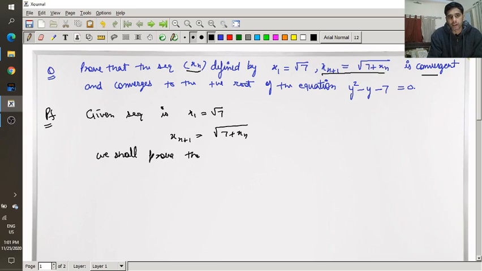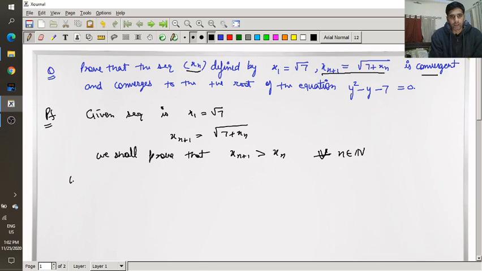We shall prove that xn plus 1 minus xn is greater than 0, or I can write xn plus 1 is greater than xn. Now I will prove this holds for all n belonging to natural numbers. Whenever we talk about natural numbers, one thing that comes to our mind is the principle of mathematical induction. So whenever we prove results for natural numbers, we can use the principle of mathematical induction.